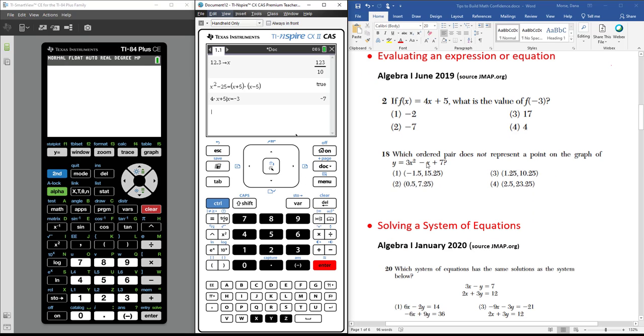Number 18 from that same exam, which ordered pair does not represent a point on the graph? And here it is. Okay, so you could go to y equals, clear out what's in there, type in what you're given, 3x squared minus x plus 7, and kids instinctively would probably try to graph it.